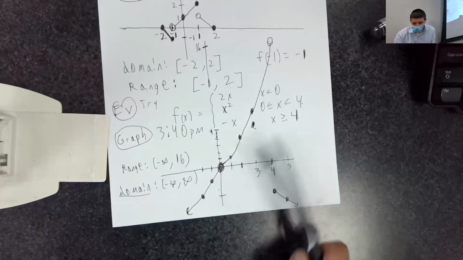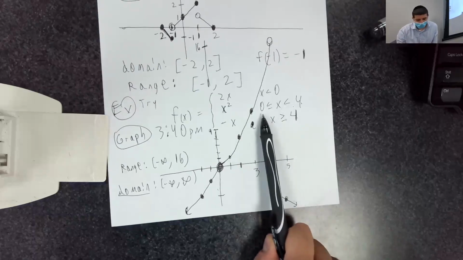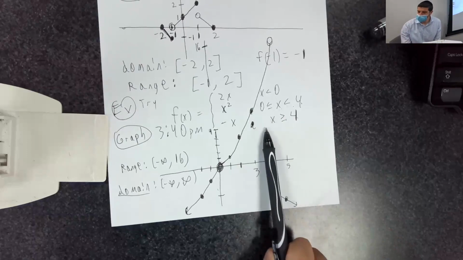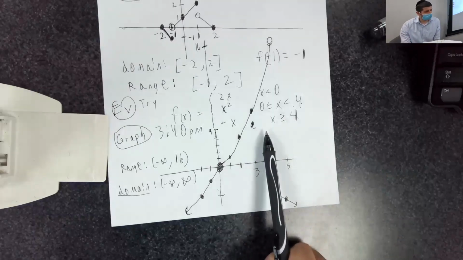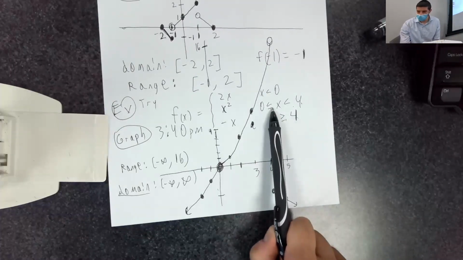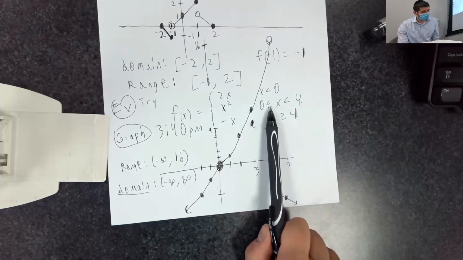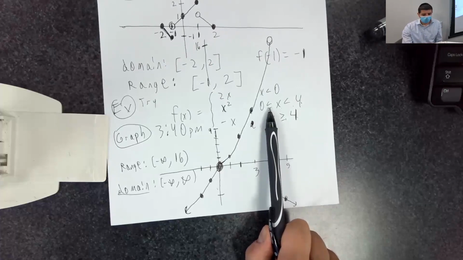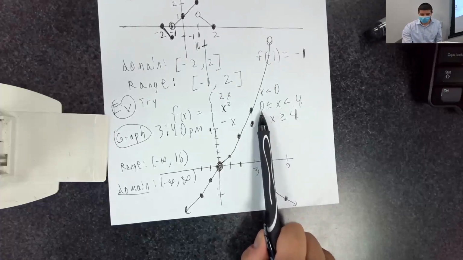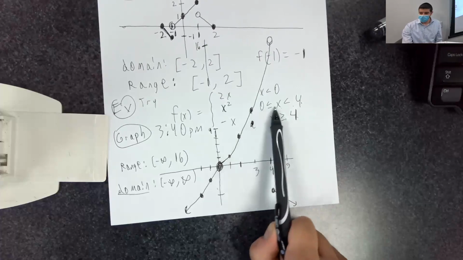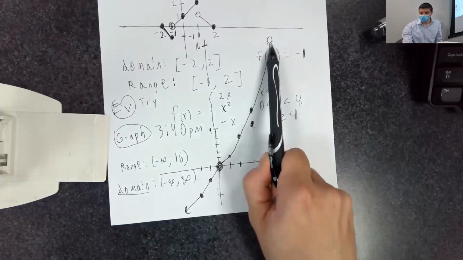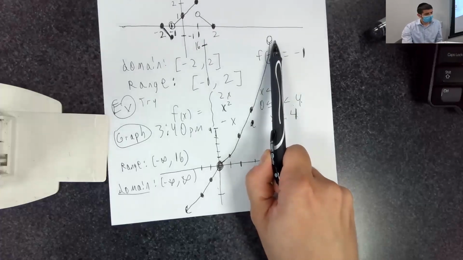Like which one? Like the first, the second, or the third? Like the second one? Yeah, so it won't always be, because it's just the equal sign that's making it. So it's the equal sign that's making it a closed circle here. And then there's no equal sign there, which made it an open circle there.